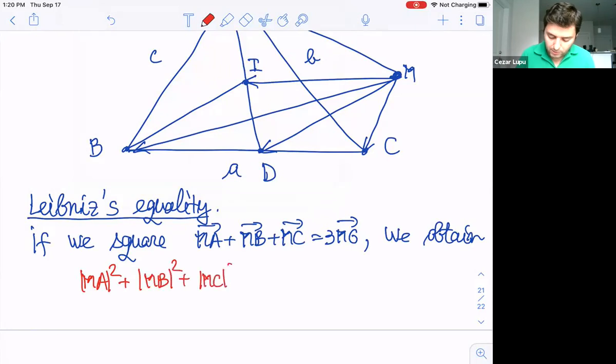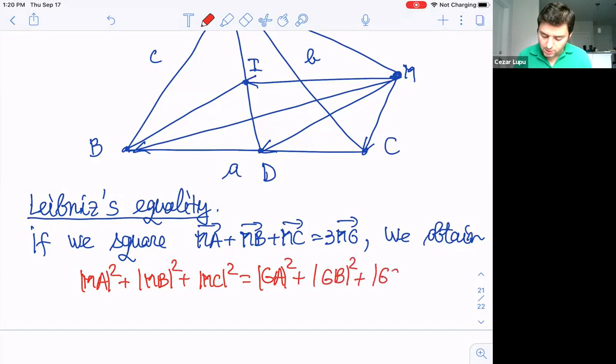I'm going to write them like this so that you can see, is nothing else than GA squared plus GB squared plus GC squared plus 3 MG squared.